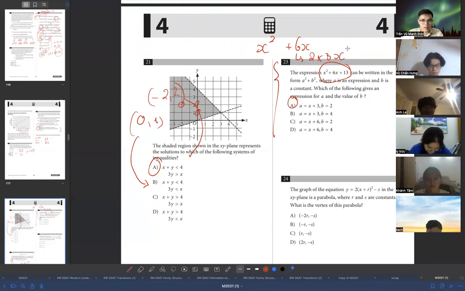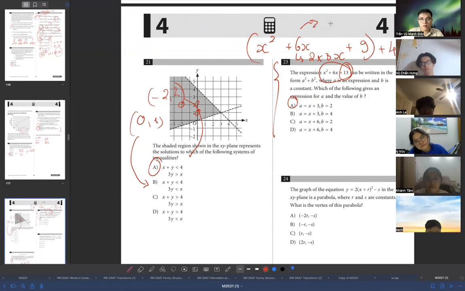Can you tell me what the missing term is, Dom? To convert this into a memorable identity, it's 9. So if this is plus 9, what's left of 13? 4. Can you concatenate this into x plus 3 squared, and 4 is 2 squared. So we choose A.